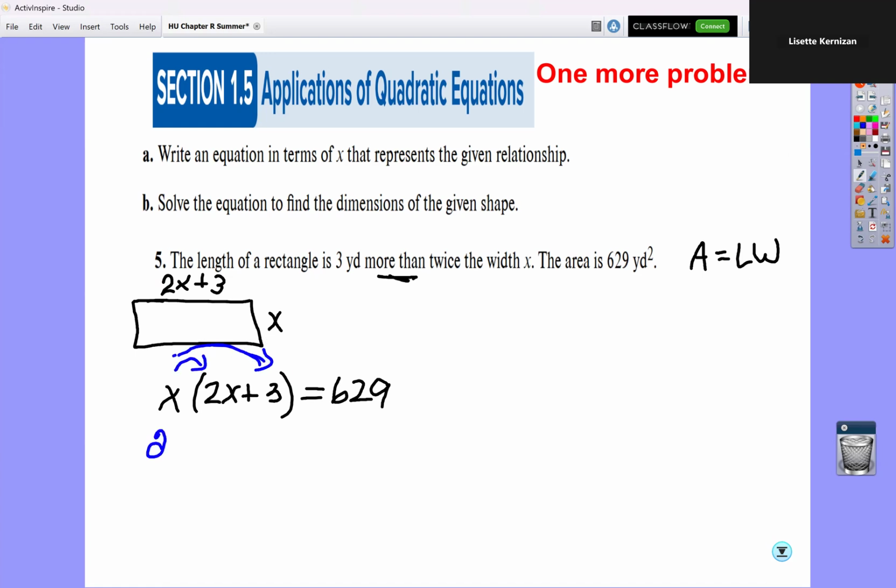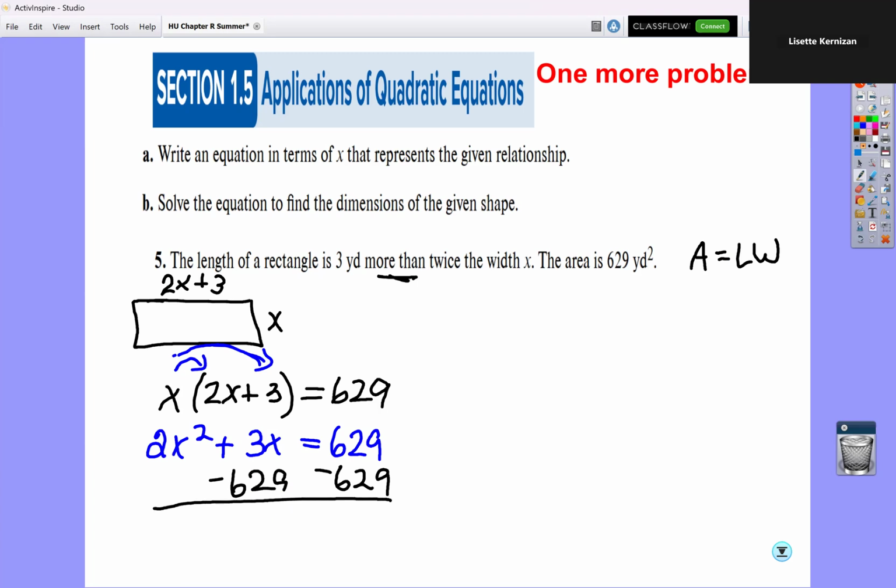This gives us 2x squared plus 3x equals 629. Remember, whenever we're working with quadratics, we always want to make it equal to 0. So we're going to subtract 629 from both sides, and I have 2x squared plus 3x minus 629 equals 0.